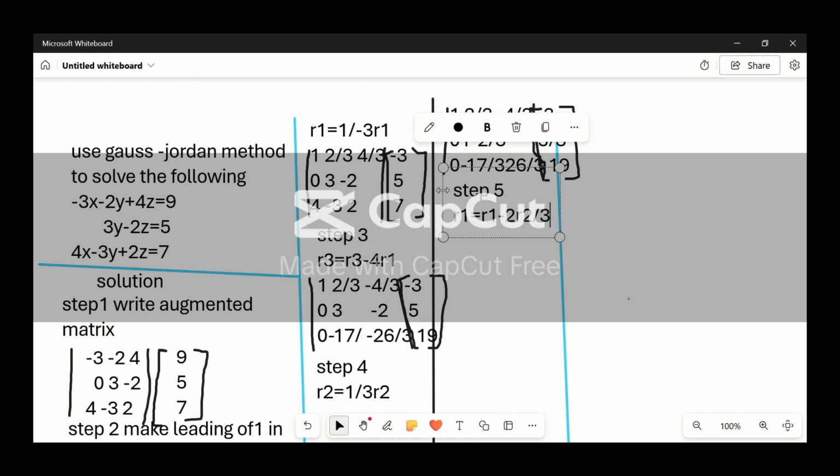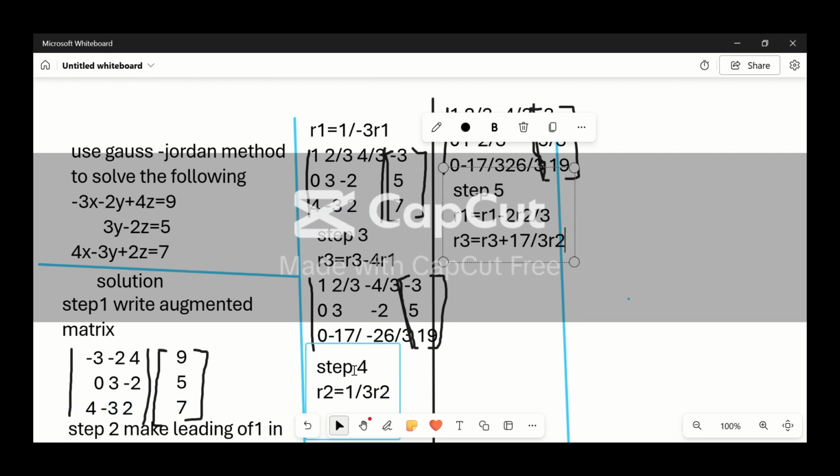That is for row 1. Then for row 3, row 3 will be equal to row 3 again, then plus 17 out of 3 times row 2. This is because we need to eliminate the entries above and below the leading one.